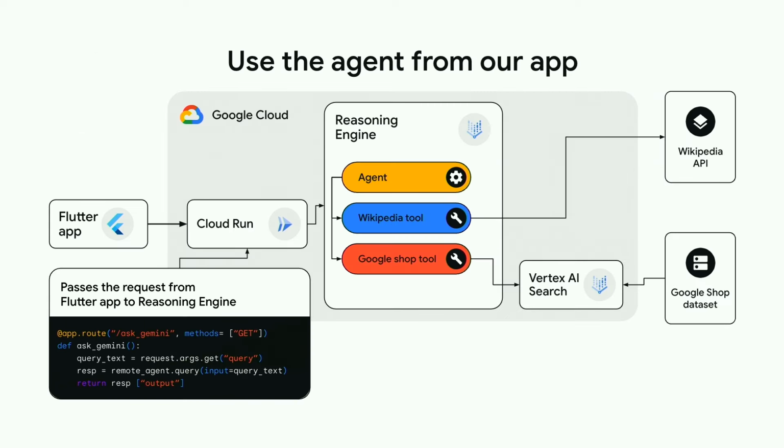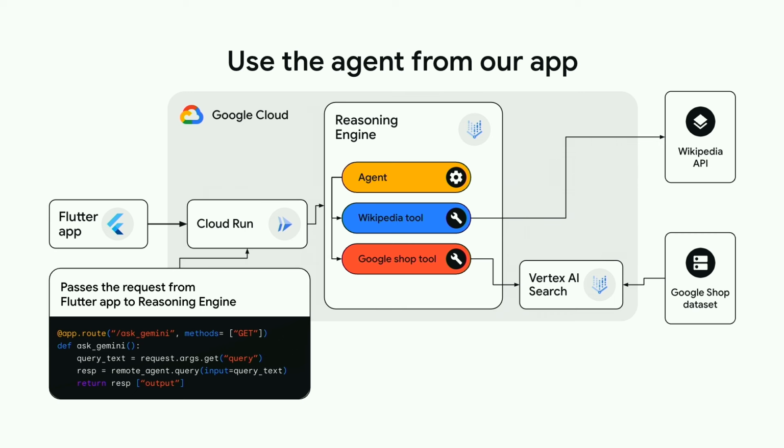With the Flutter app we are building now, we used Cloud Run for a simple endpoint for receiving the requests from the app and passing them to the reasoning engine runtime. This agent running on the runtime does the reasoning and orchestration with the two tools. For example, if the request is related to any popular objects and landmarks, then the agent calls the Wikipedia tool.